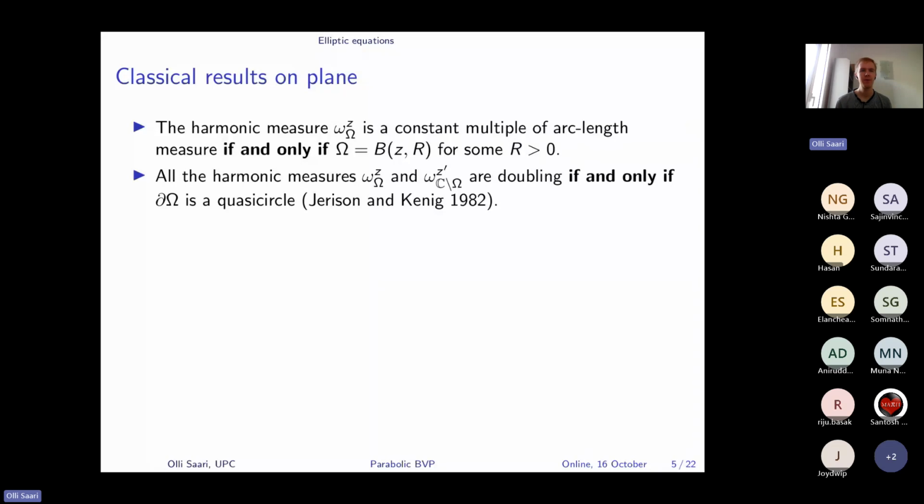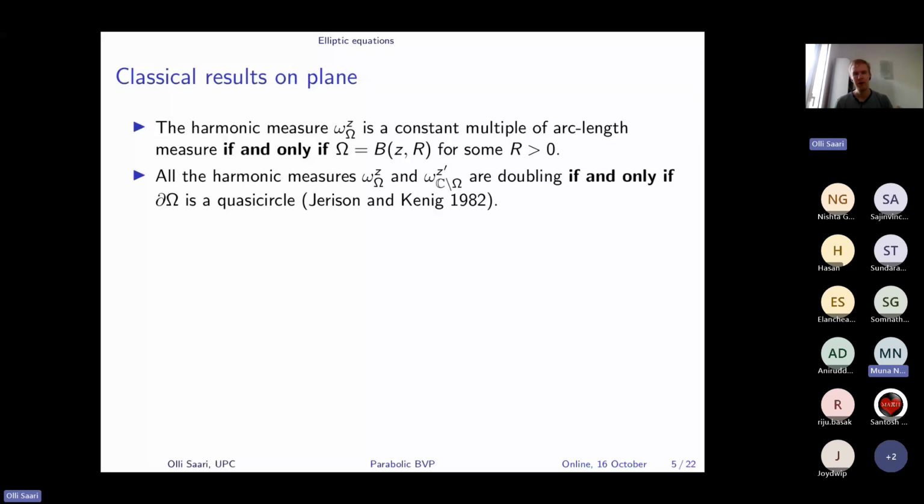One should think that the domain cannot have cusps of any type. So it can have corners, but it cannot have cusps, like the graph of square root of modulus x would have a cusp around 0. So these kinds of things are not okay.